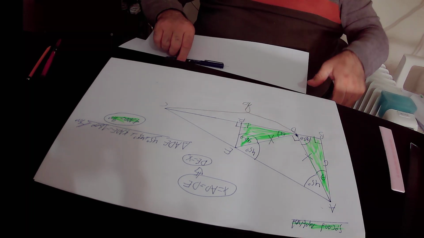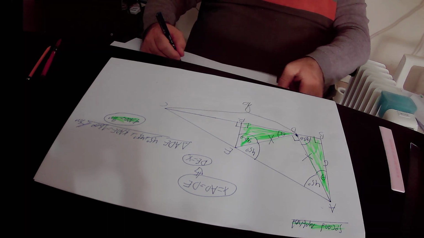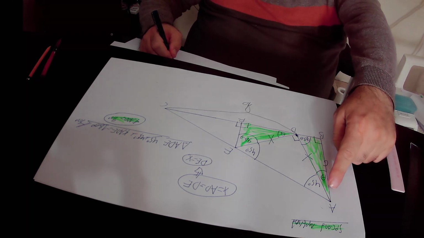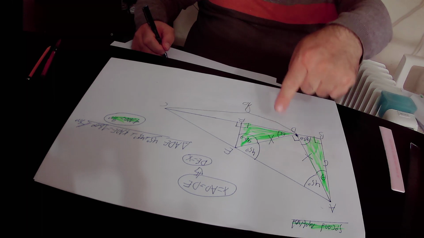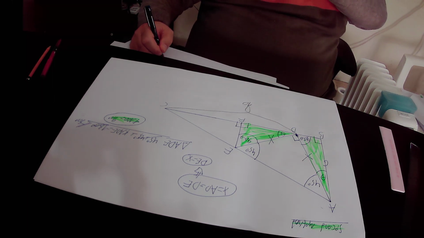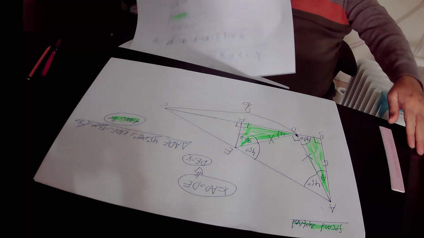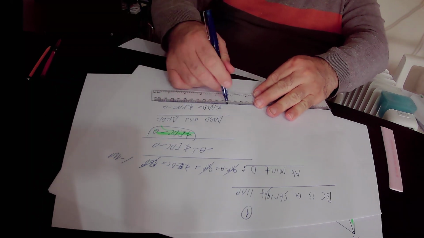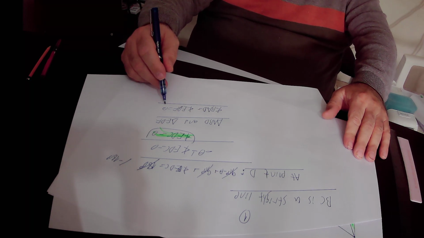Angle BAD here is equal to angle EDF, this angle, and they are both equal to theta.